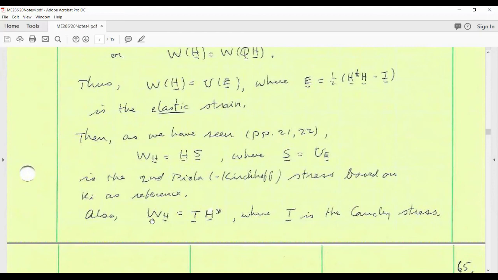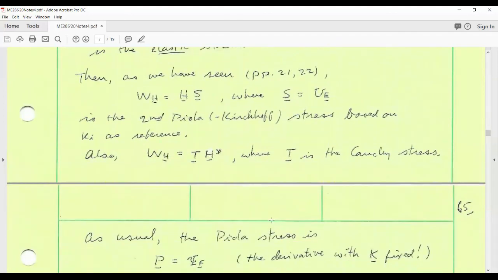We know how to relate the Piola stress to the Cauchy stress. Piola stress is Cauchy stress times the cofactor of F, except here, in place of F, we have H. Piola stress, based on the intermediate, is Cauchy stress times the cofactor of the deformation that takes us from intermediate to current, which is H. So that star is the cofactor of H. T is the Cauchy stress, which is defined on the current configuration, right?